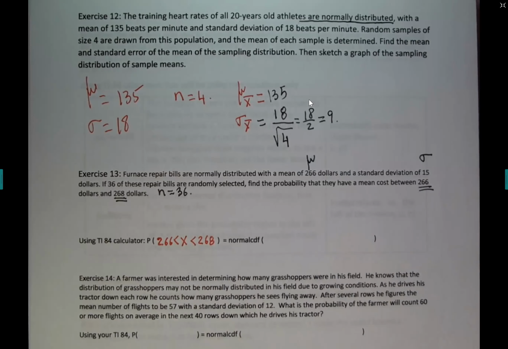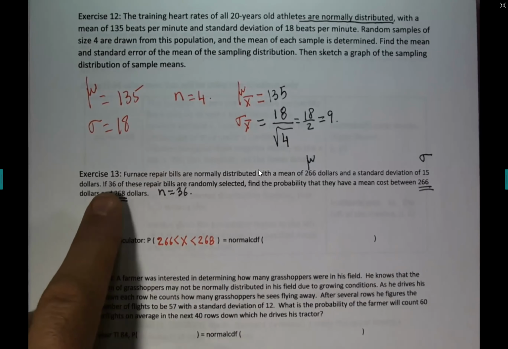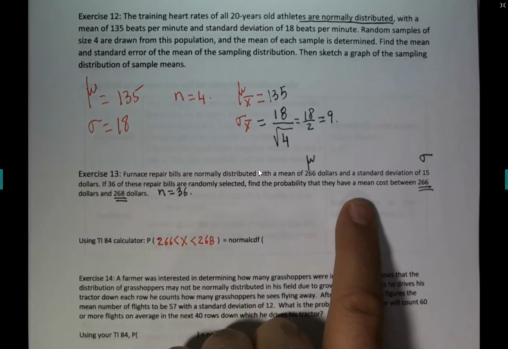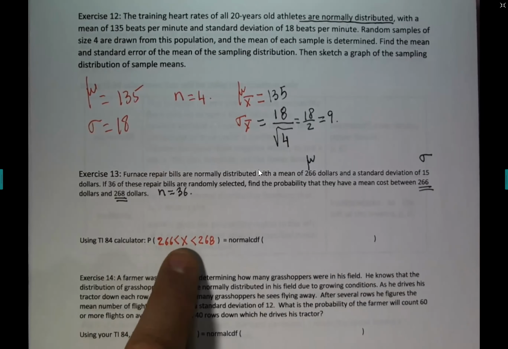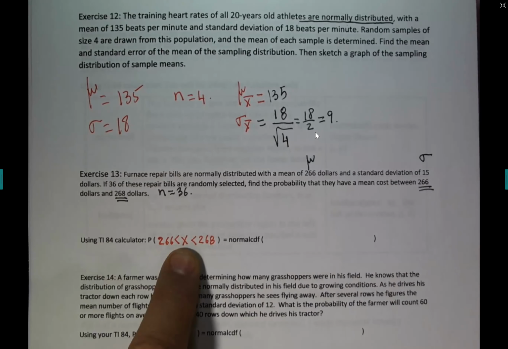In sections 5.1, 5.2, 5.3, we always selected one person at random and we found the probability for this person. But here we're selecting a sample and we are asked about the probability of the mean. What is the symbol for the mean? The symbol for the mean, guys, is not x. Can someone tell me what's the symbol for the mean?